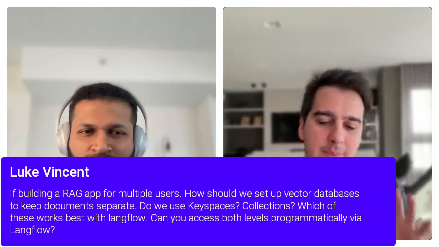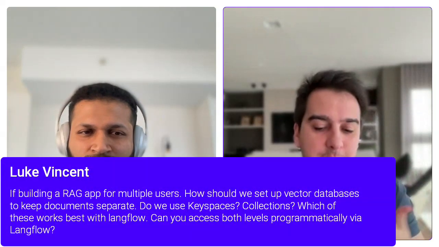Luke Vincent says, if I'm building a RAG app for multiple users, how do I set up vector databases to keep documents separate? Do we use keyspaces, collections? Which of these would work best with Langflow? Langflow is the medium so that you can access multiple vector databases. The database that we're using with DataStax is AstraDB.